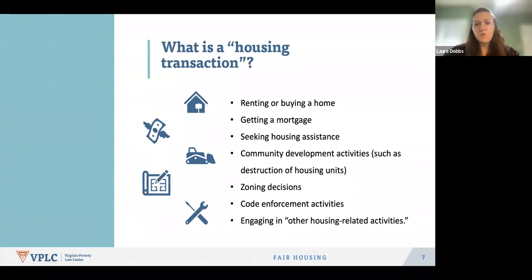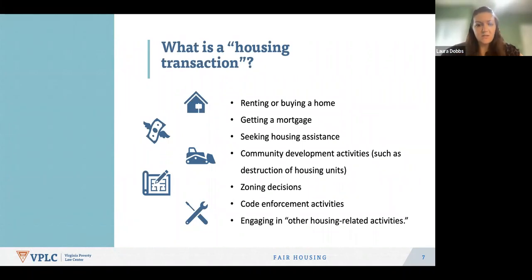This covers a whole bunch of different things, from renting or buying a home, which I think is what people will typically think of when they hear housing transaction. But it also applies to if you're trying to get a mortgage, if someone is seeking housing assistance, other community development activities, such as if your locality has planned destruction or redevelopment of housing units.